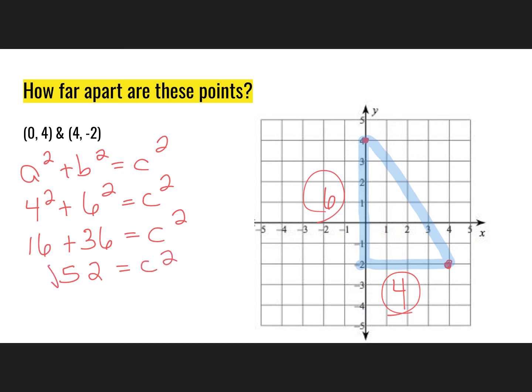And then we take the square root of both sides. So my exact answer is the square root of 52. But remember, we want to give an approximate answer as well. So that is 7.21 is approximately equal to C. Again, you're doing that on your calculator.